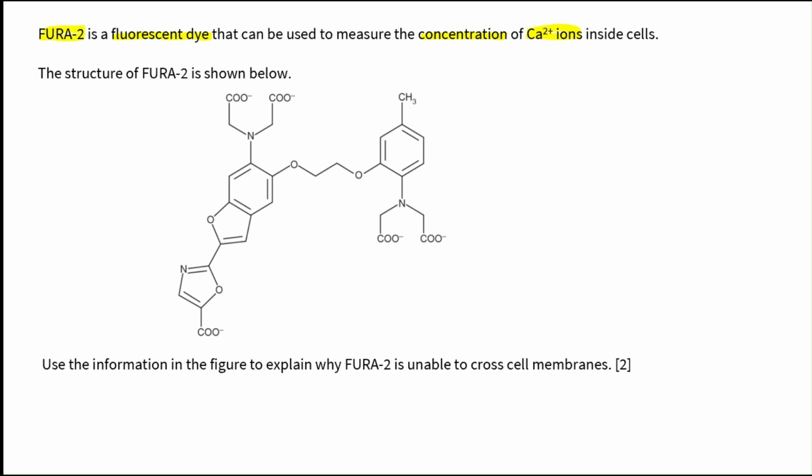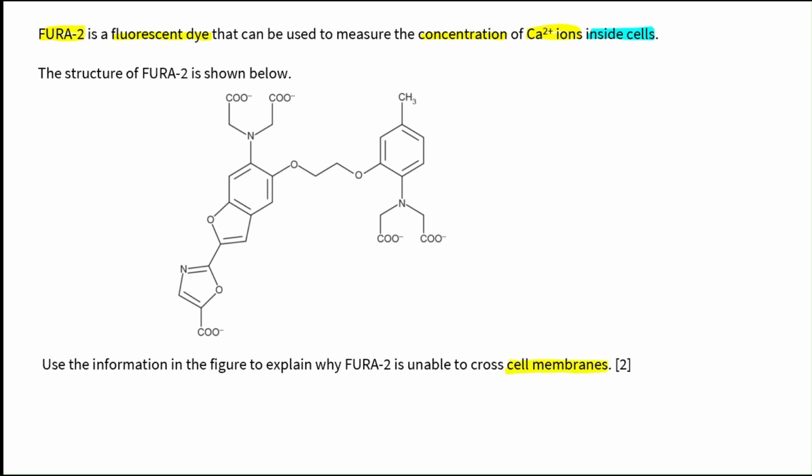So this is important, the fact that they have identified that these calcium ions are going to be inside the cell. So for us to understand that this molecule needs to get inside the cell, it therefore needs to get across, which they're asking us about, the cell membrane.